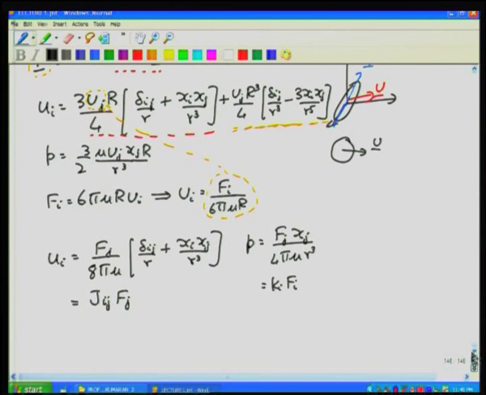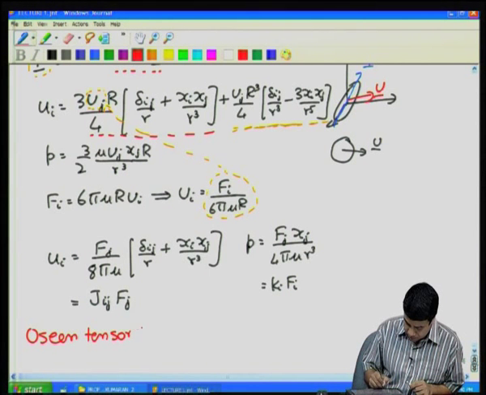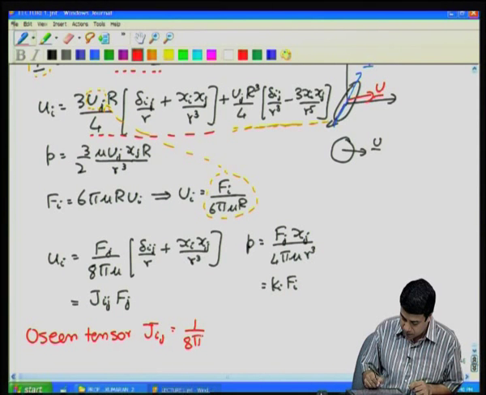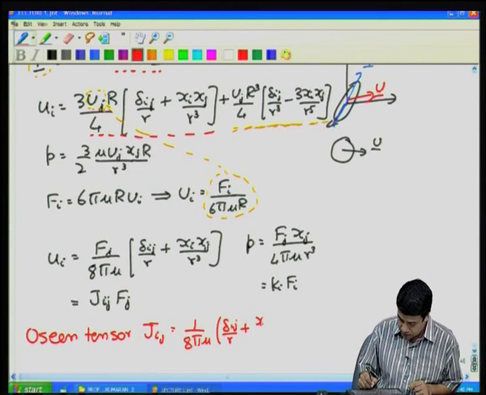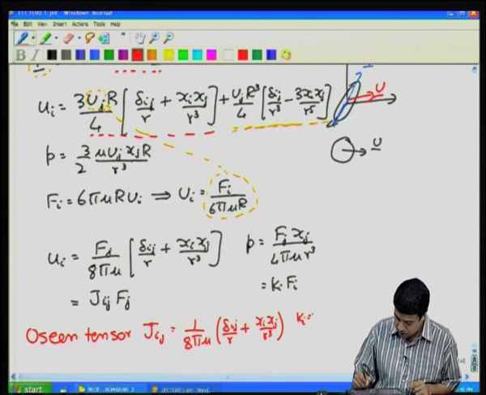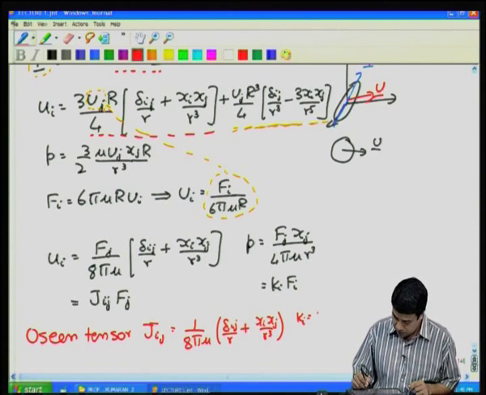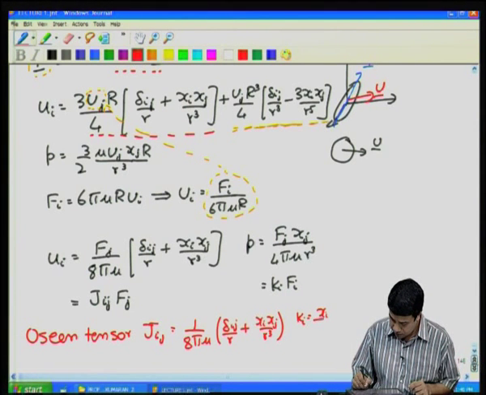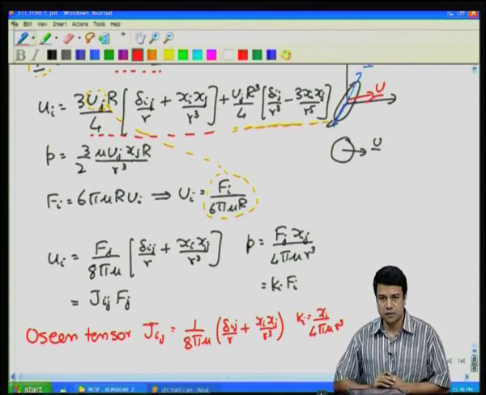G_ij is equal to 1 by 8 pi mu. These are called the Oseen tensors.